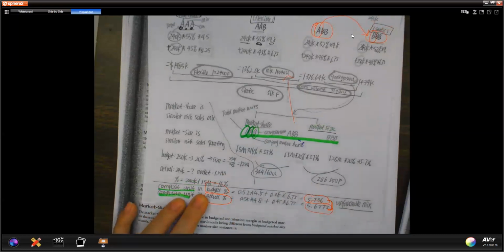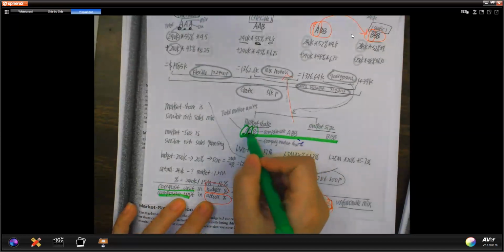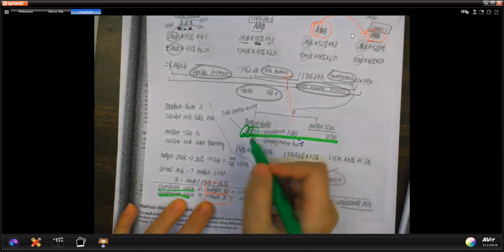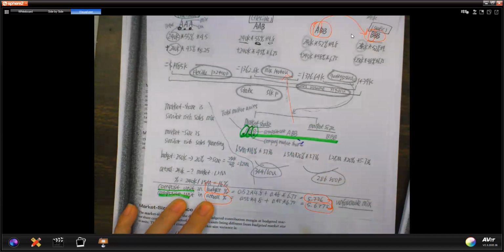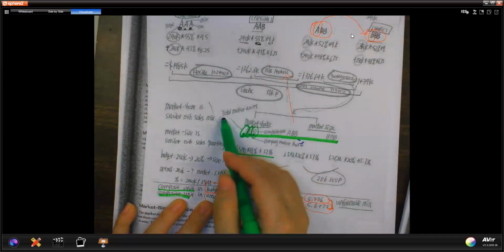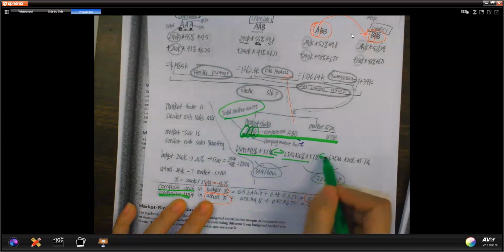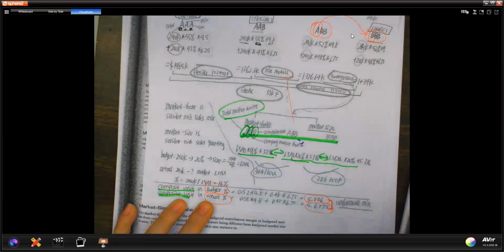So we use the total market size times your market share times your market contribution margin, and then we get our market share variance. We get our market size variance.